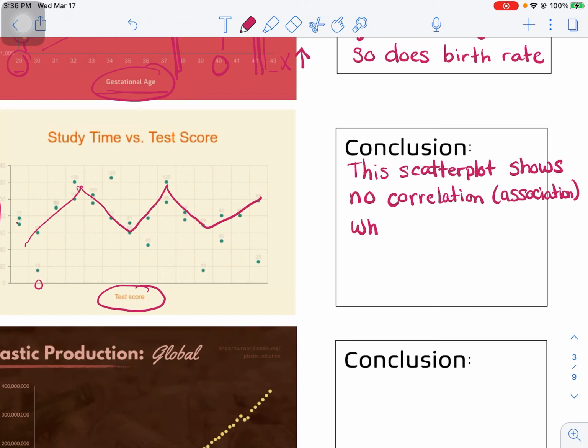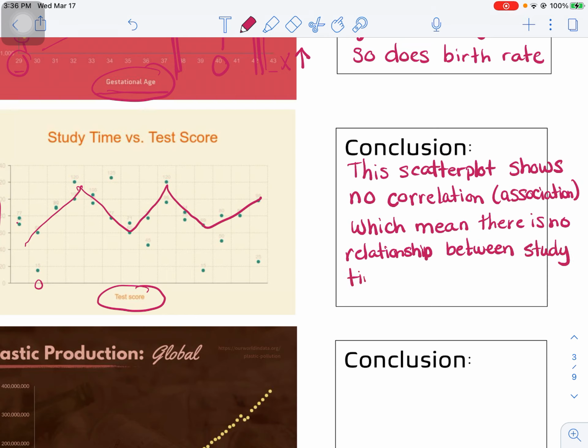Okay, which means there is no relationship between study time and test score.